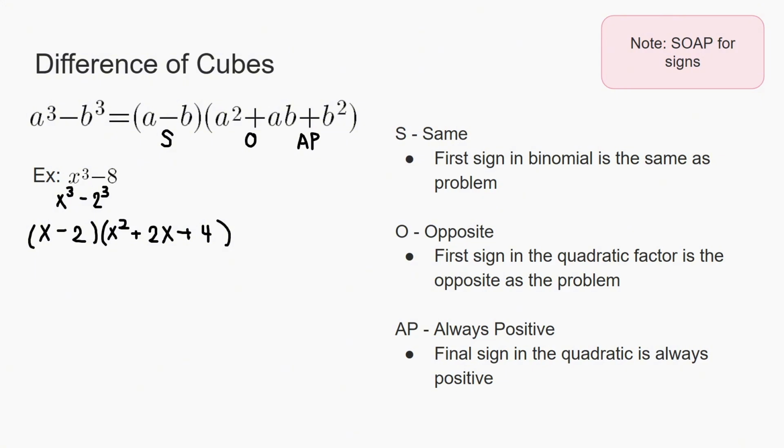So now let's check our signs again. We have S, O, A, P. So same sign, so negative, negative. Opposite means negative, positive. And always positive means this is always a plus.